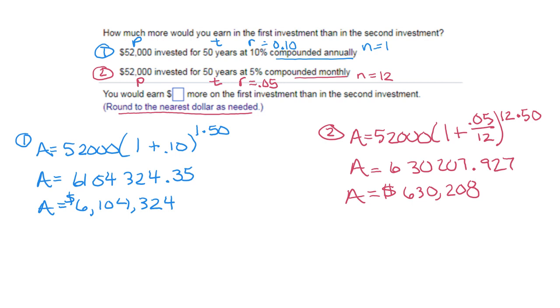All right, so we have the future value amounts, and now it's asking how much more would you earn in the first investment than the second investment. So I'm going to take this first investment and subtract the second investment.